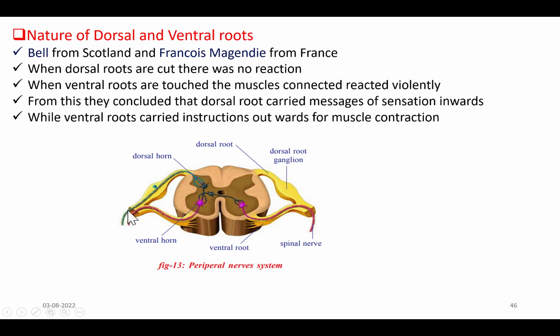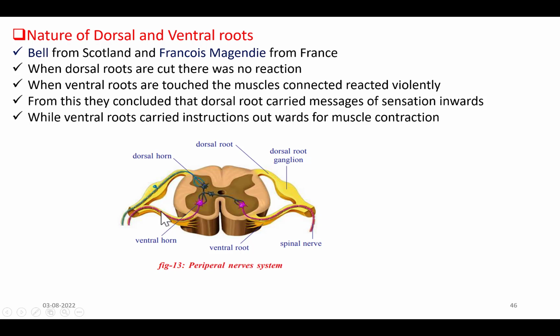From these two observations, they concluded that the dorsal root is carrying messages of sensation towards the spinal cord. So that is the reason when the dorsal root is cut, the messages of sensation did not reach the spinal cord, so the animal did not react.